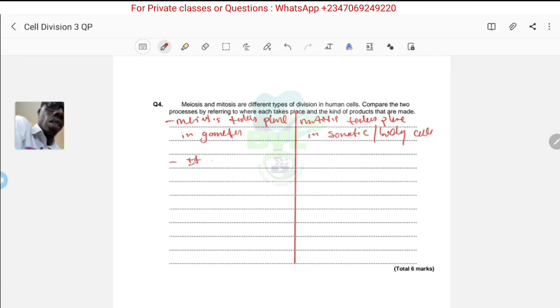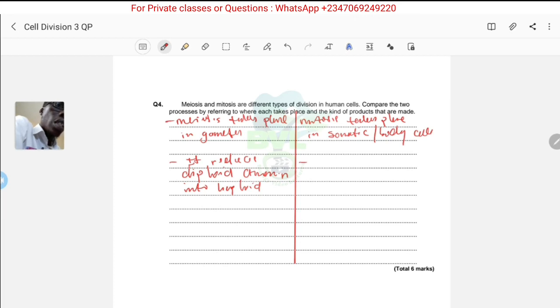Meiosis reduces the diploid chromosome number into haploid.